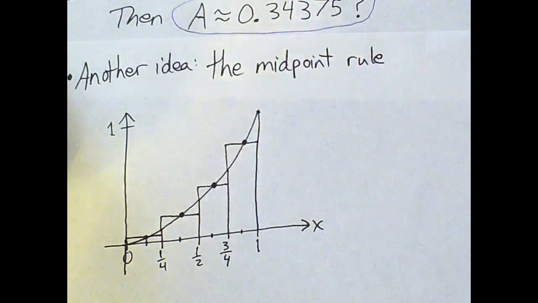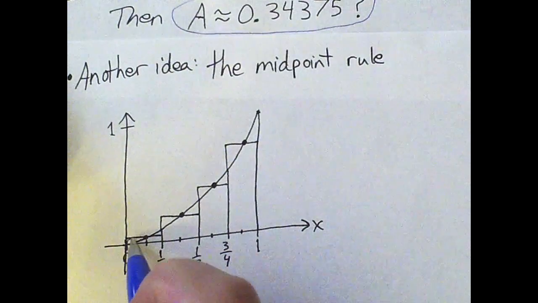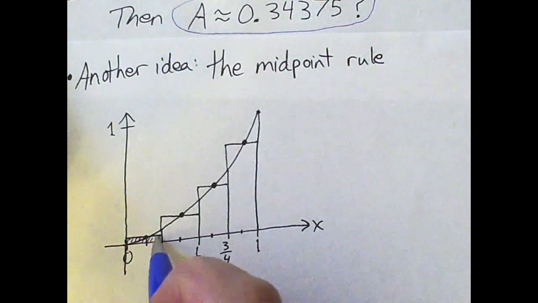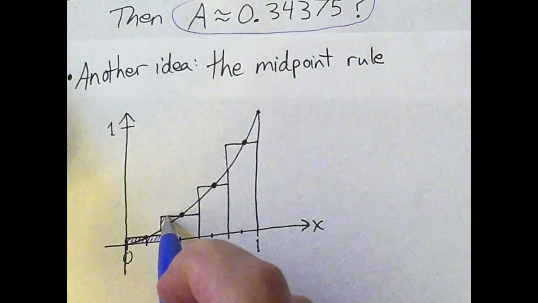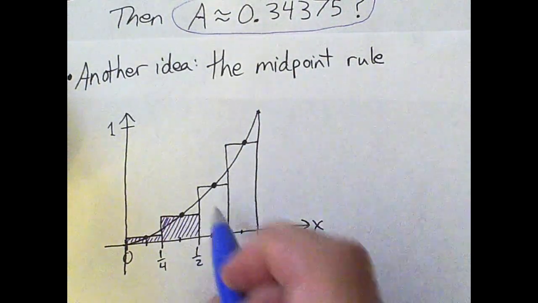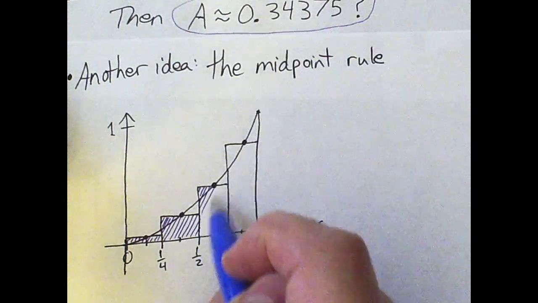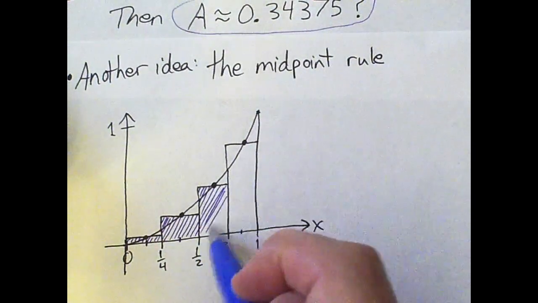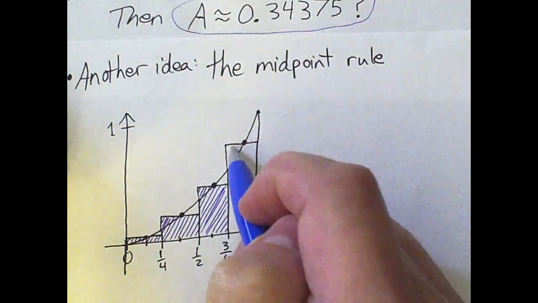What do you think about these rectangles? What if we shade in these, and what if we find out the area of all 4 of these rectangles? Do you think this is going to be an overestimate, or do you think this is going to be an underestimate for A? Well, let's see what it looks like when it's all shaded in.